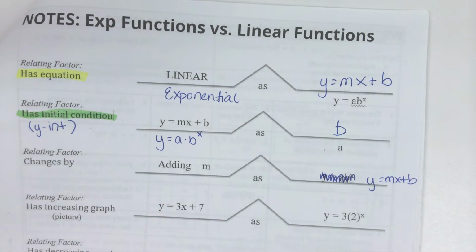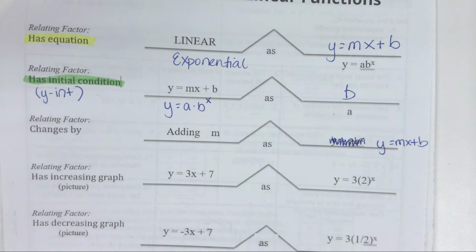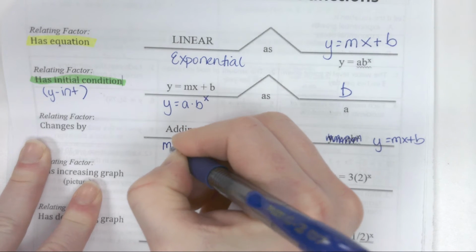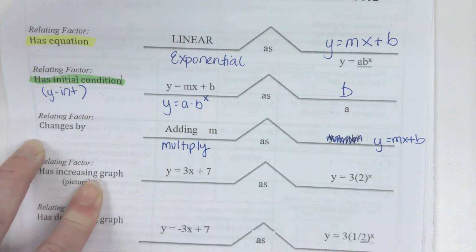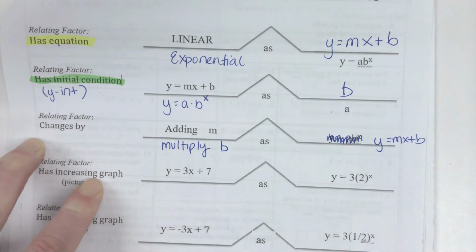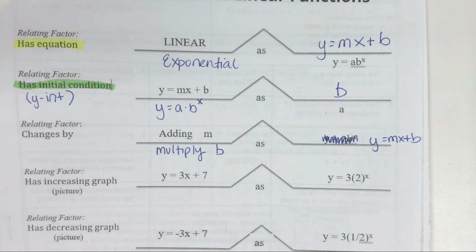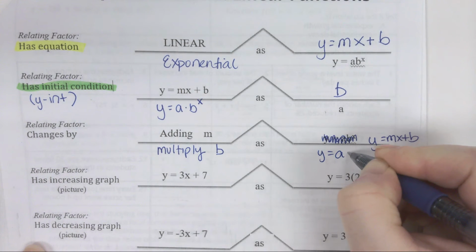Can somebody tell me what do we do when it's exponential? We don't add anymore. Oh, we multiply. And we multiply by B. This was our multiplier. The equation that goes with that is y equals a times b to the x.